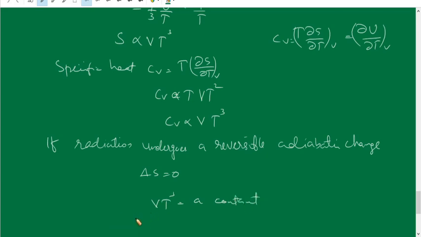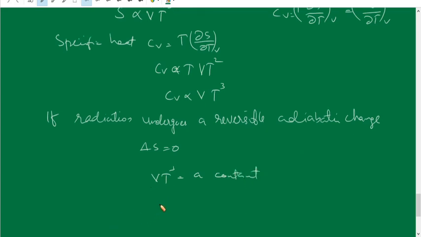But we know that P is proportional to T raised to 4. PV is proportional to V T raised to 4, so P is proportional to T raised to 4.